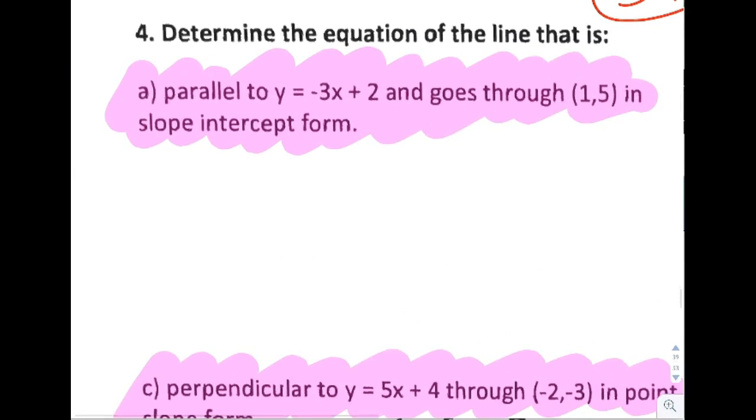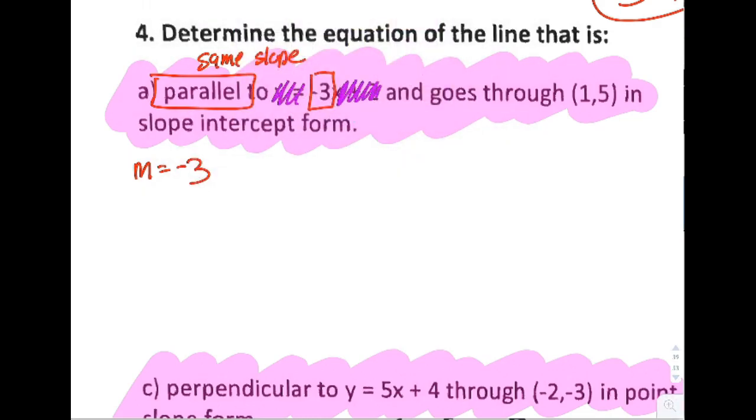So question A says the word parallel, which means we're going to use the exact same slope that they gave us in this line. So the slope we're going to use is negative 3. Nothing else in that line means anything except the slope, just that we're using a slope parallel to that, and that the line goes through the point 1, 5. Y equals mx plus b.